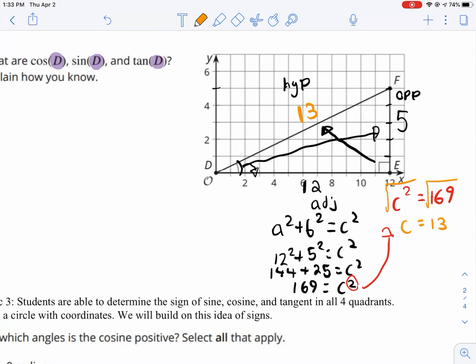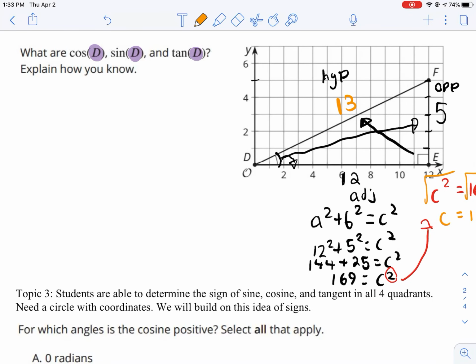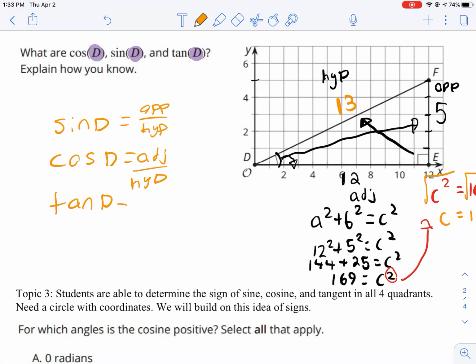From there, we're able to find sine, cosine, and tangent of angle D. So sine of D, cosine of D, and tangent of D. If you recall, sine is opposite over hypotenuse, cosine is adjacent over hypotenuse, and tangent is opposite over adjacent.